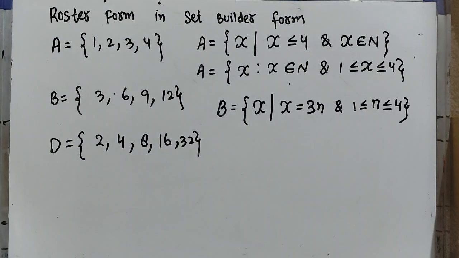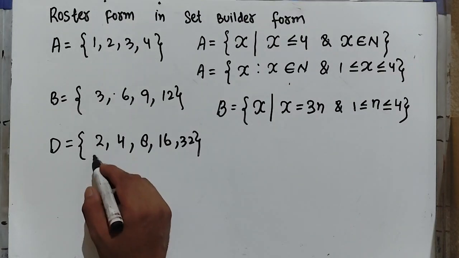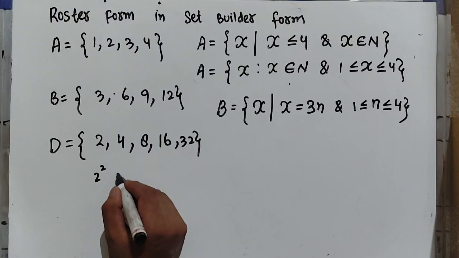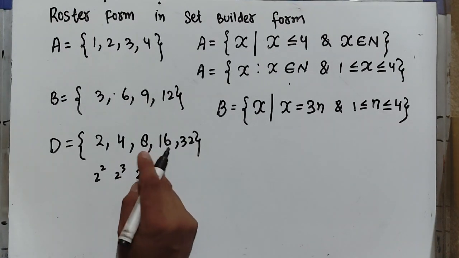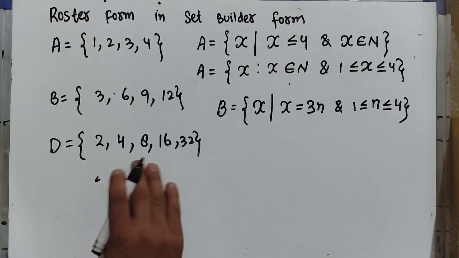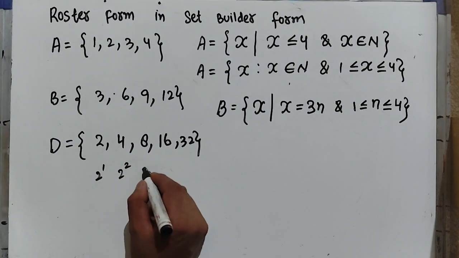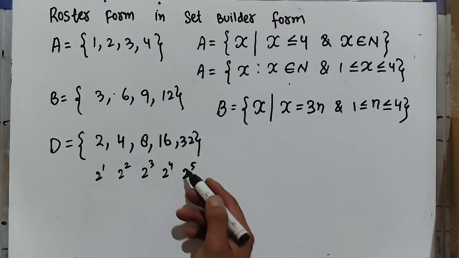This is in roster form. So how do I write it in set builder form? Here you can see this is actually 2 raised to power 1 is 2, 2 squared is 4, 2 cubed is 8, 2 raised to power 4 is 16, 2 raised to power 5 is 32.